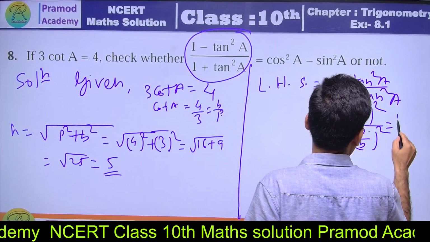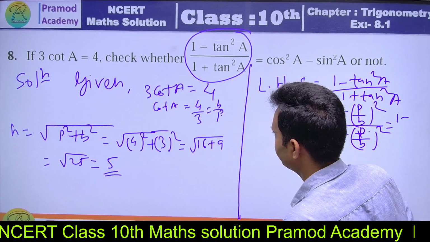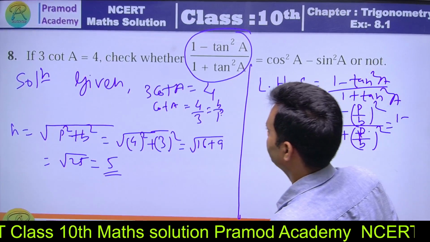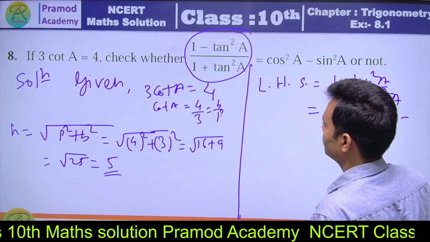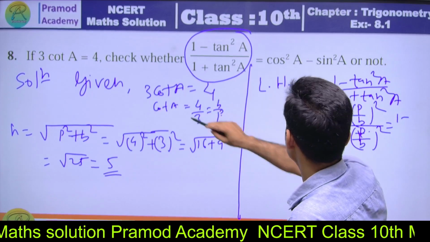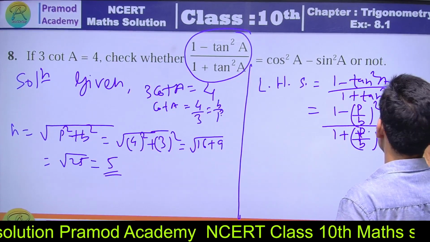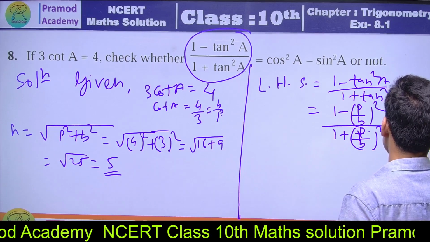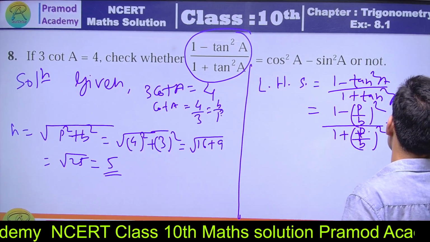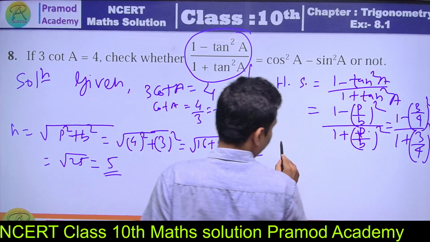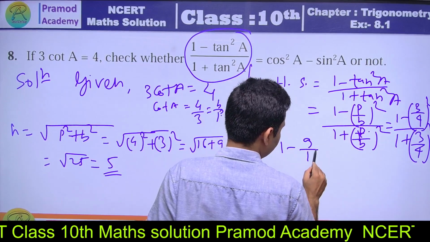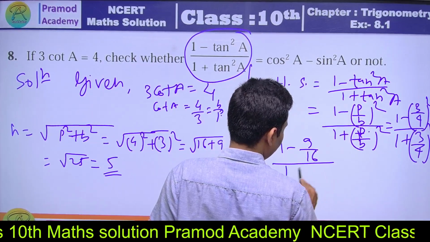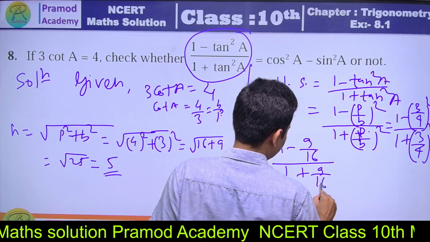So what is the value of p and b? The value of p is 3, b is 4. So 1 minus 3 by 4 square, 1 plus 3 by 4 square. So 1 minus 9 by 16, 1 plus 9 by 16.